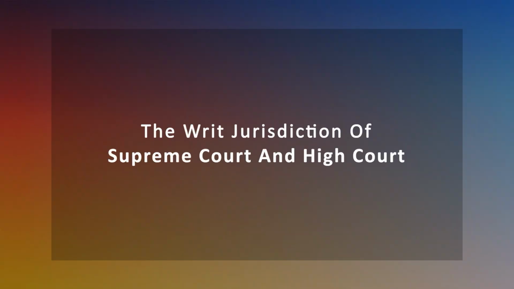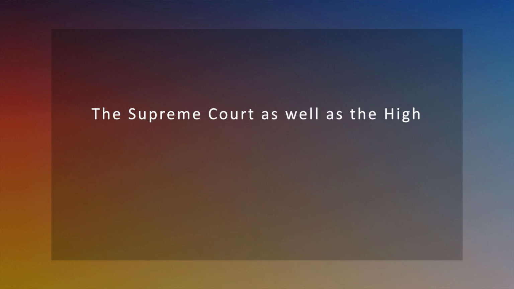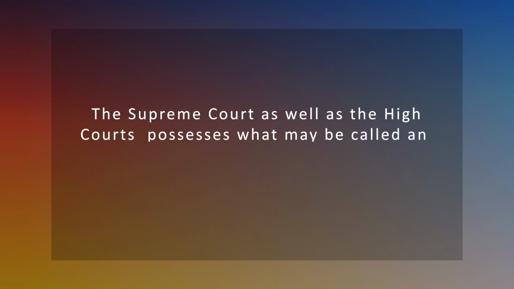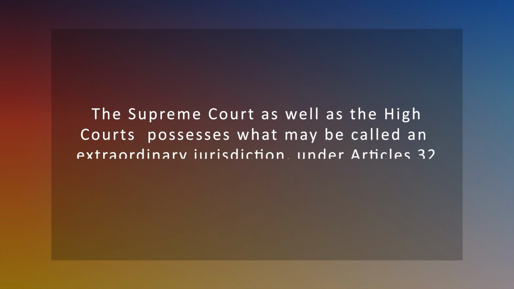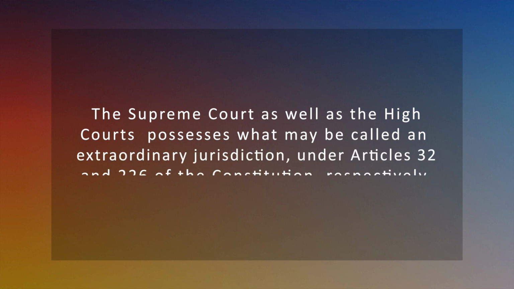Now coming to the most important part of this, that is the writ jurisdiction of the Supreme Court and High Court. The Supreme Court as well as the High Courts possess what may be called an extraordinary jurisdiction under Article 32 and 226 of the Constitution respectively, which extends not only to inferior courts and tribunals but also to the state or any authority or person endowed with state authority.